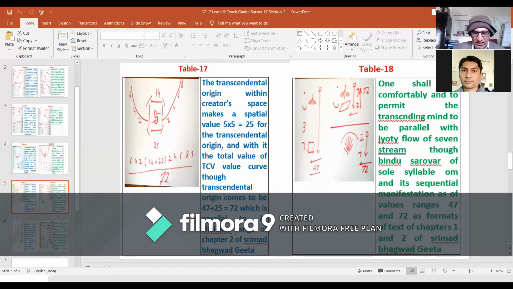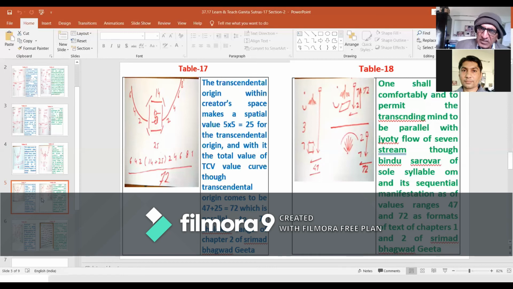Table 18 goes a step ahead and brings us face to face with the phenomenon of the Jyoti flow from the orb of the sun as Bindu Sarovar of the soul syllable Om.